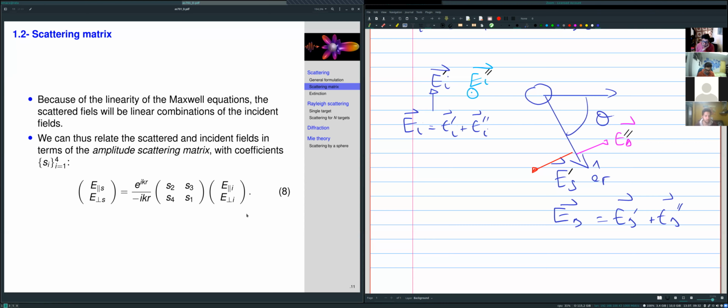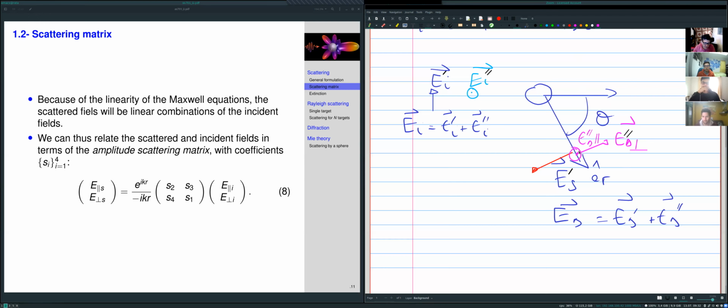So one way to read this is to write down the components of the scattered field, the parallel and perpendicular components. Parallel component would be, for instance, in the case of this particular one, this one. That would be E second S parallel, and that would be perpendicular.